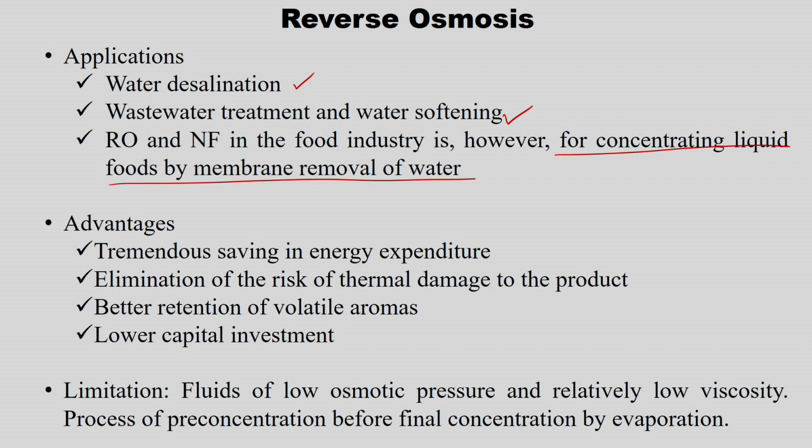How do we concentrate by removing water? This can be done by evaporation as well, but for that I need to add heat. Here, with the membrane, by applying reverse osmotic pressure, I can remove the water from the liquid food to concentrate it further.